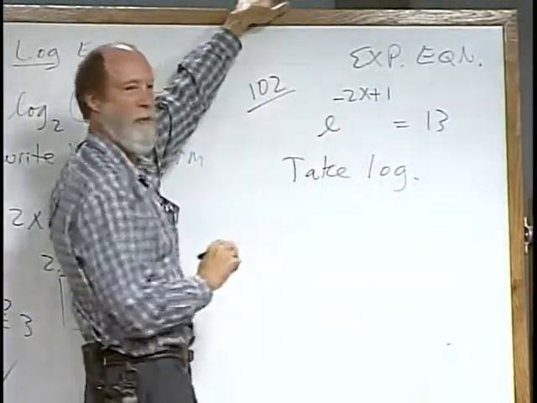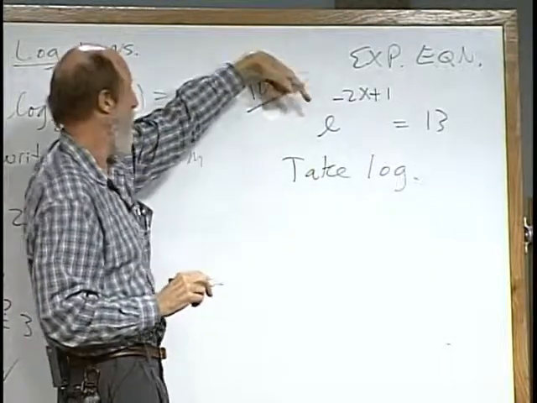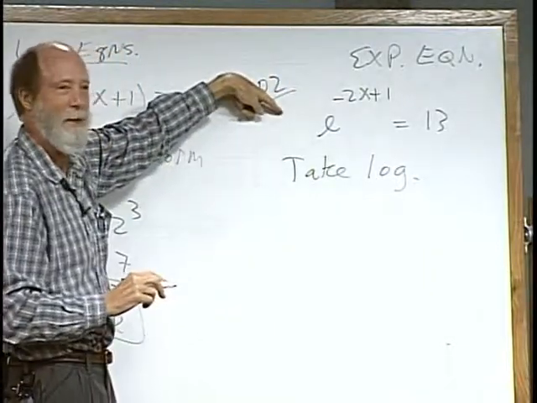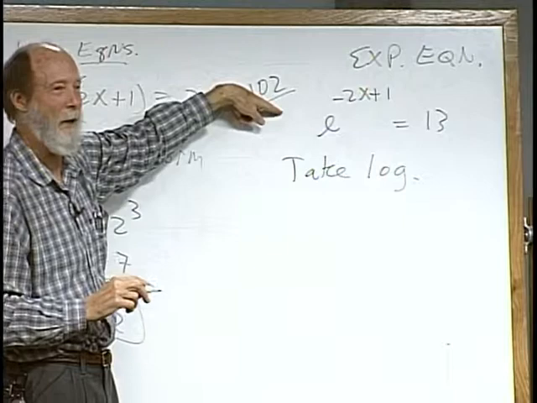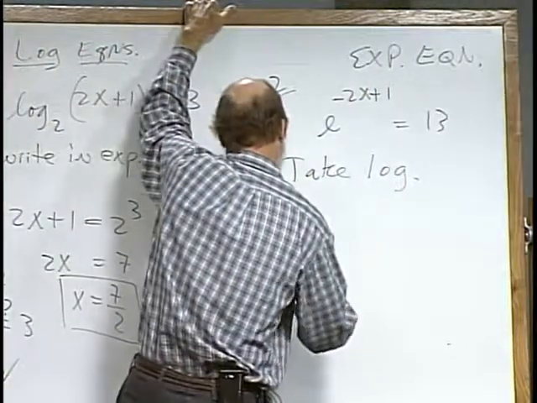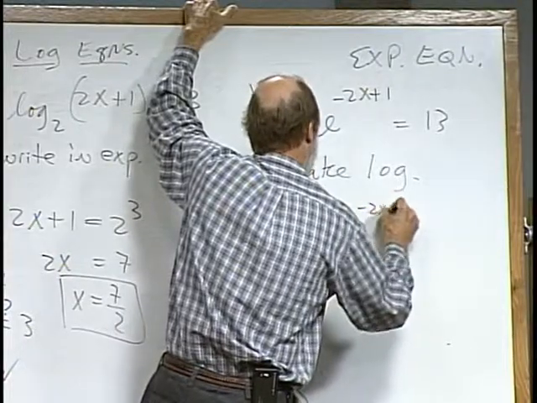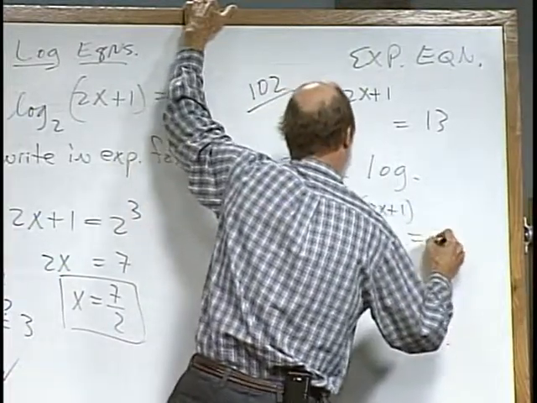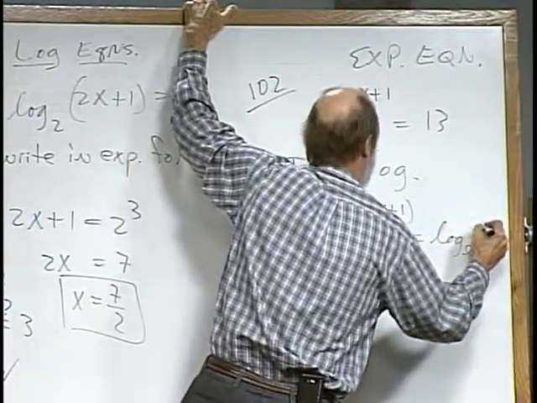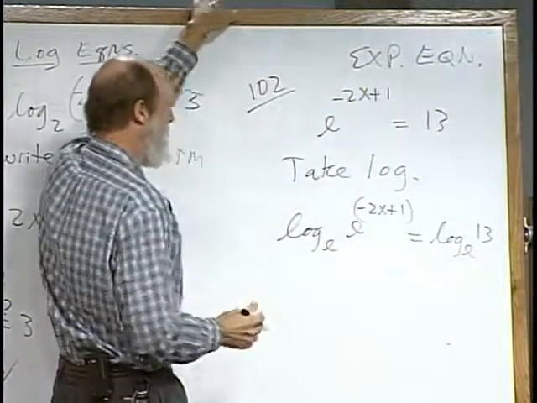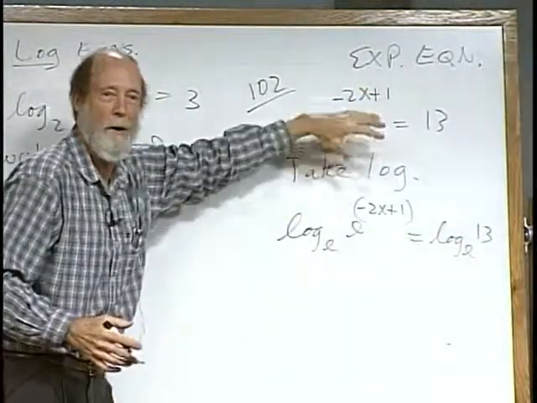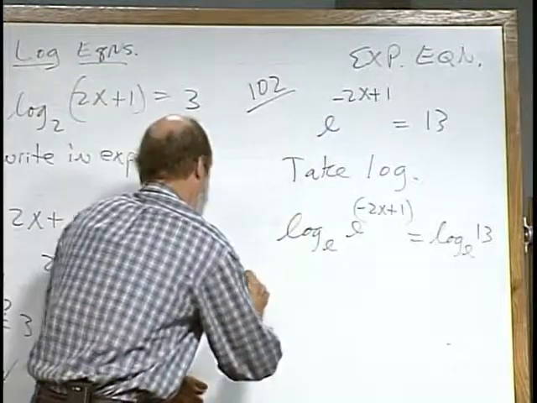What base would be nice to use? 10? Well, hold it. Look at this. e. Wouldn't base e be nice to use? So take the logarithm of both sides. If I take log base e of e to the minus 2x plus 1 equals log base e of 13, then the power rule lets the exponent pop out in front.